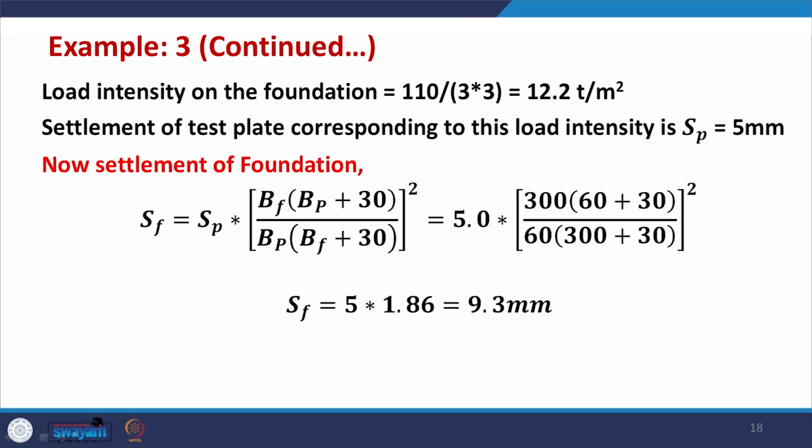How is this used? The load intensity of the foundation is the total load divided by the area of the foundation, which is 3 meter by 3 meter. So, you get 12.2 ton per meter square.